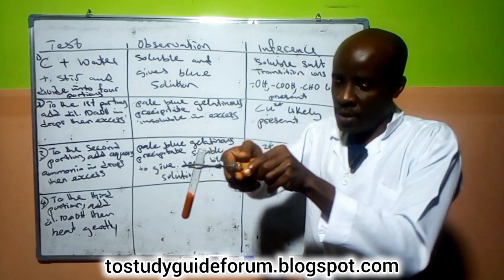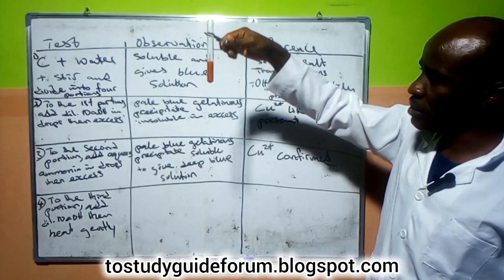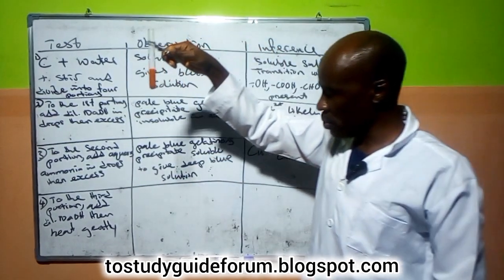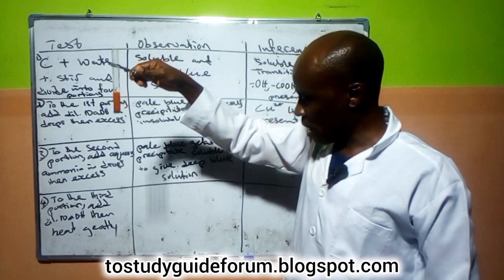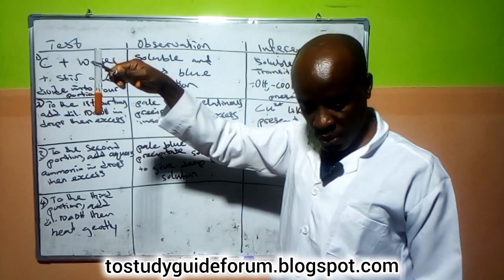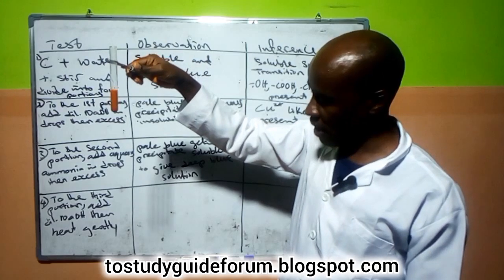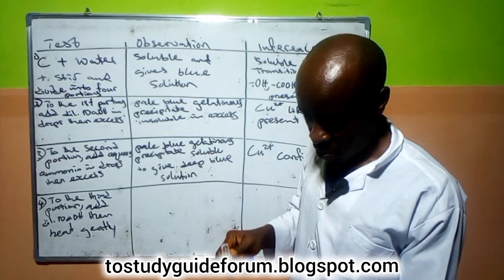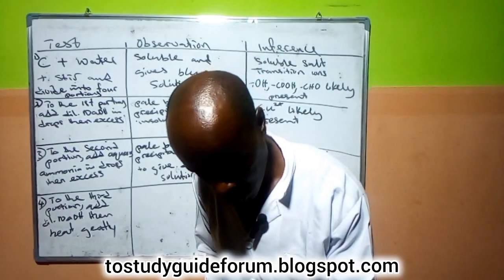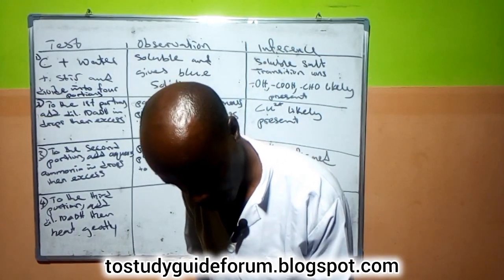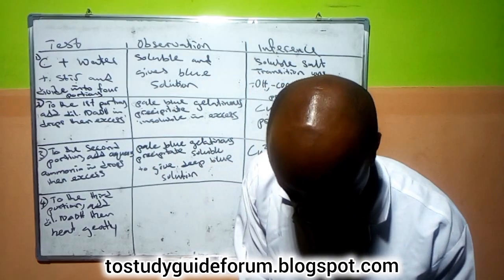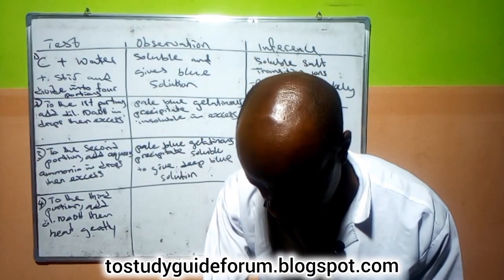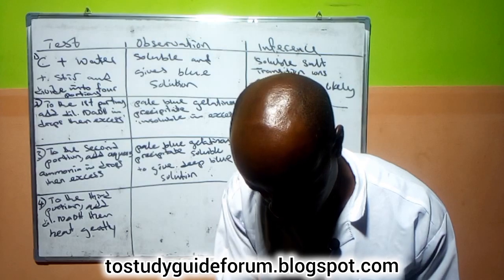This is a reddish brown precipitate. Reddish brown precipitate when the third portion is added. When dilute sodium hydroxide is added to the third portion, we have reddish brown precipitate. So what does it tell us? What is it telling us now?